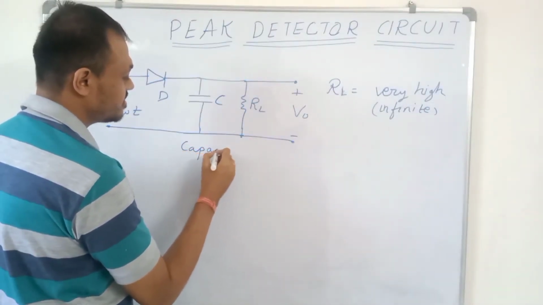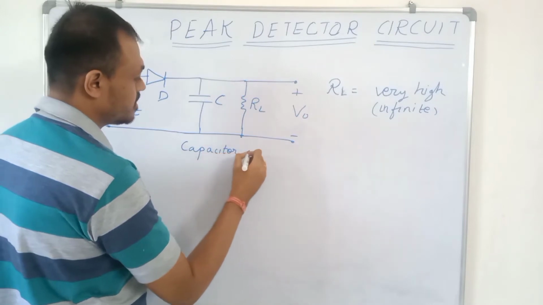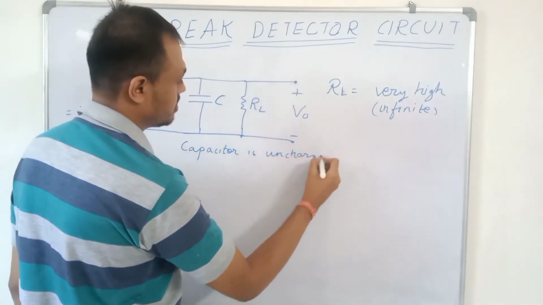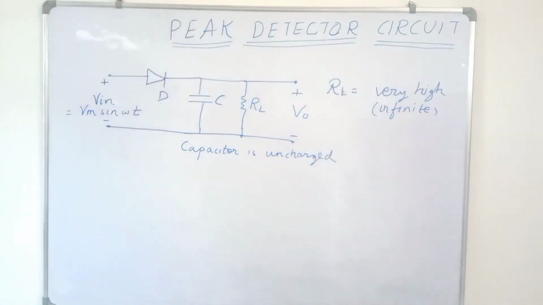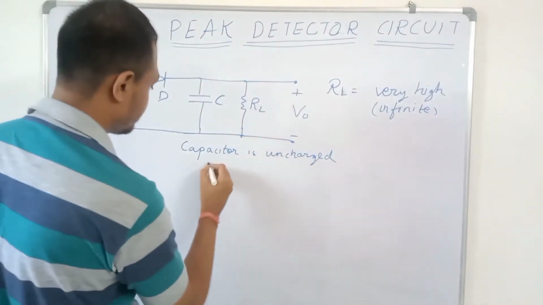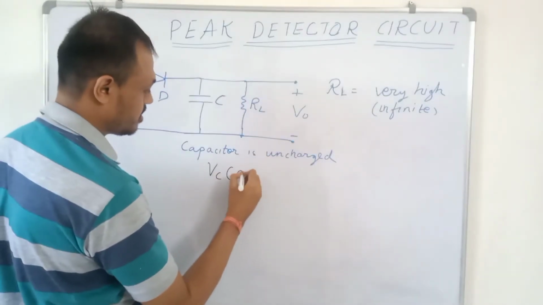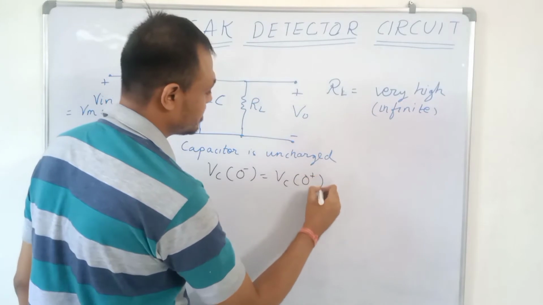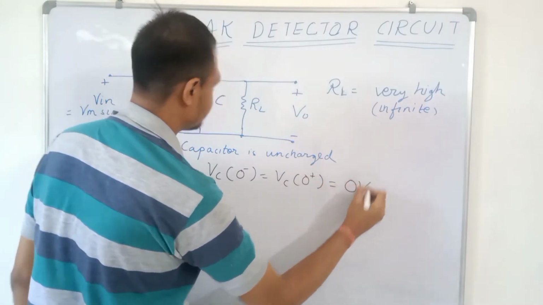Capacitor is uncharged. So if the capacitor is uncharged, then Vc(0-) is equal to Vc(0+), which is equal to 0 volt.